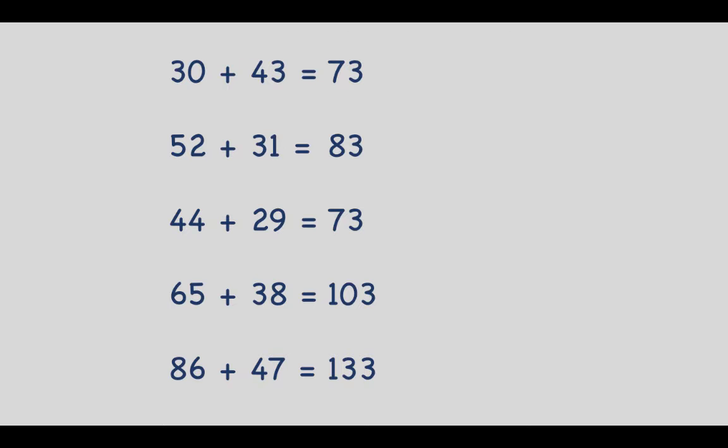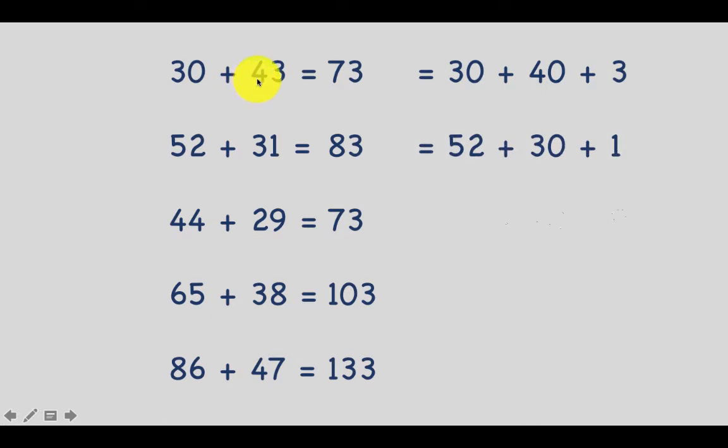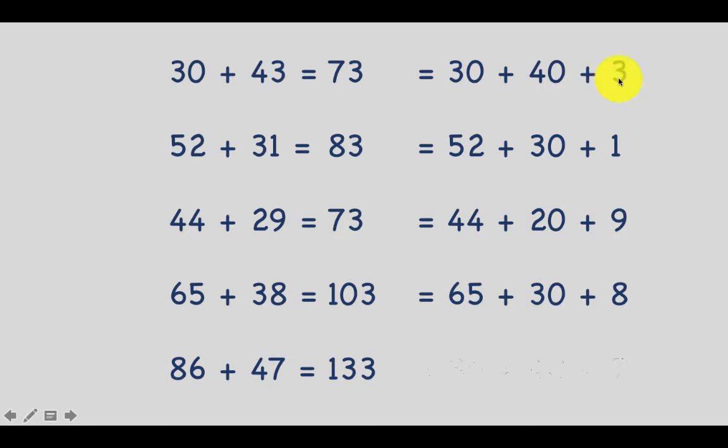This involves extracting the tens from the second number and adding them to the first number. For example, 30 plus 40 equals 70, and 3 more equals 73.